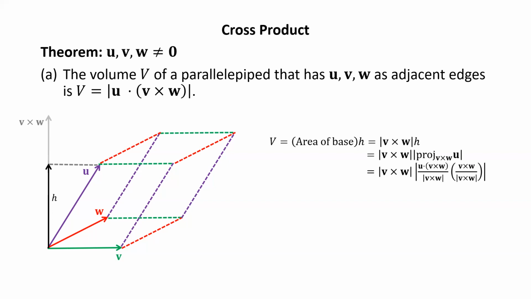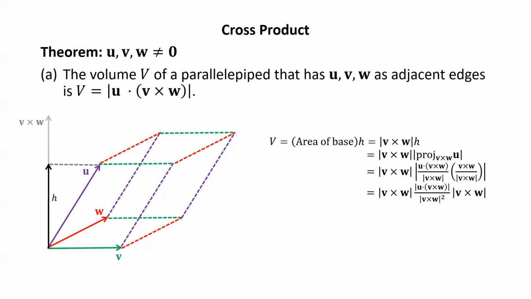And we have a nice formula for that. That's u dot v cross w over the length of v cross w times a unit vector in the direction of v cross w, namely v cross w divided by the length of v cross w. And now we could use the basic property of the length of a vector. When we have a constant times a vector inside, we could pull the constant out by putting it in absolute values.